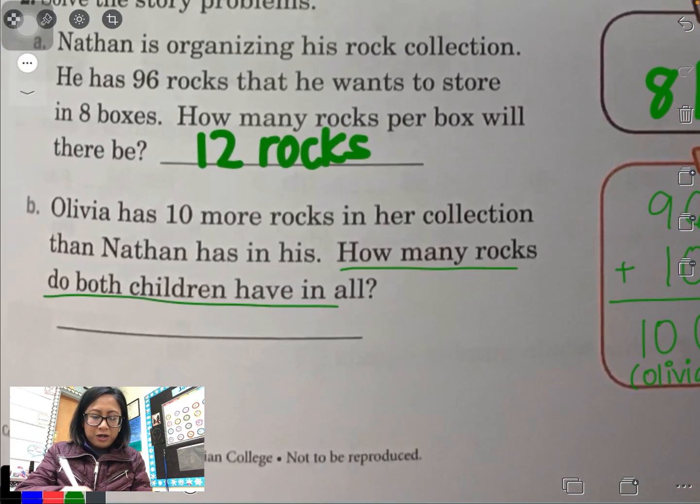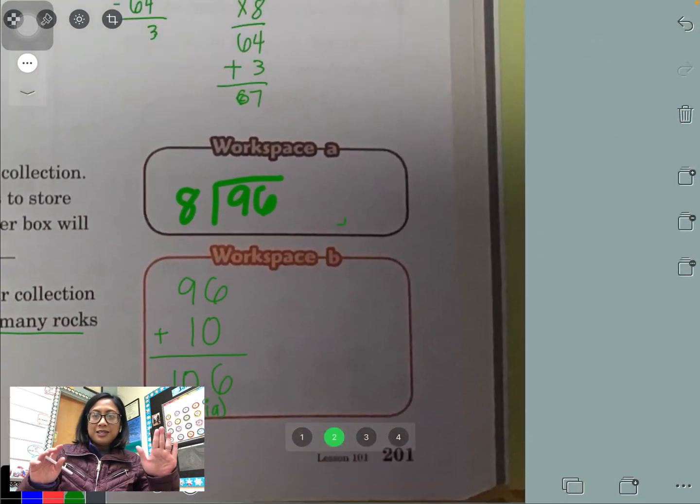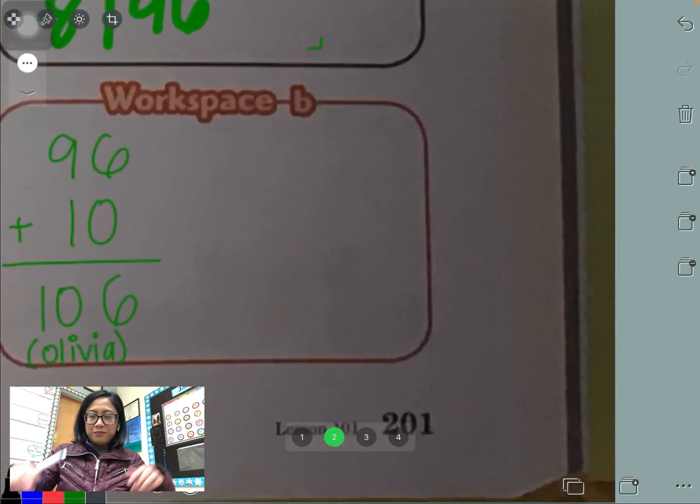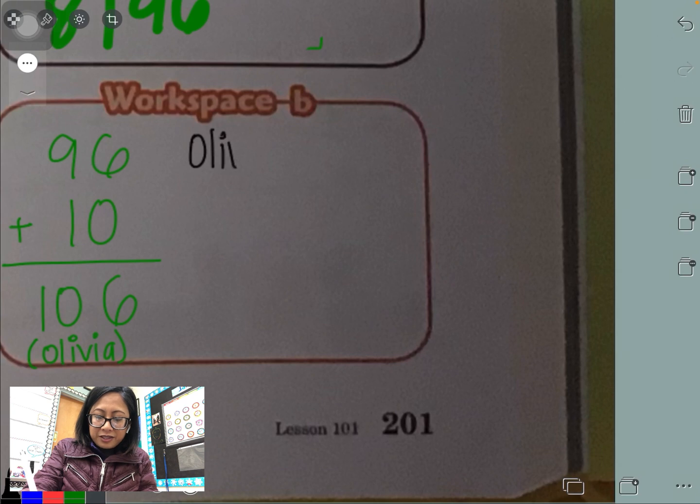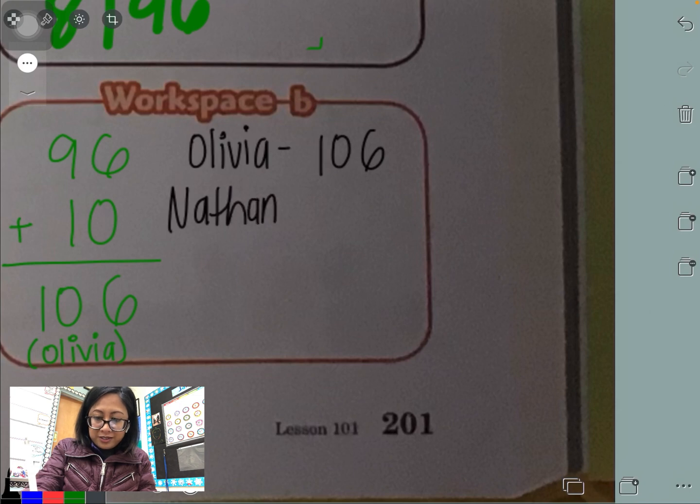Now we want to figure out, it says here, how many rocks do both children have? So we have to add Nathan's side and Olivia's side. Nathan has 96. Oh, let's do this. Olivia has 106. Nathan, and you can abbreviate if you want.